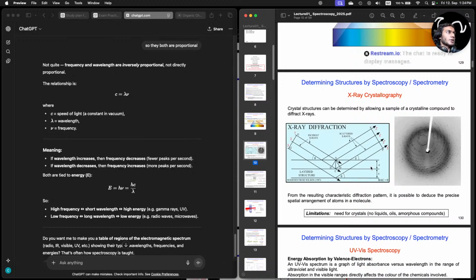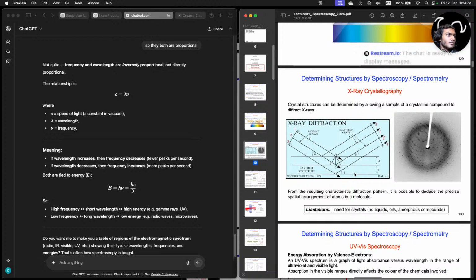Determining structures by spectroscopy. X-ray crystallography. Crystal structures can be determined by allowing samples of crystalline compounds to diffract X-rays, from resulting characteristic diffraction patterns. It is possible to deduce the precise spatial arrangement of atoms in a molecule.